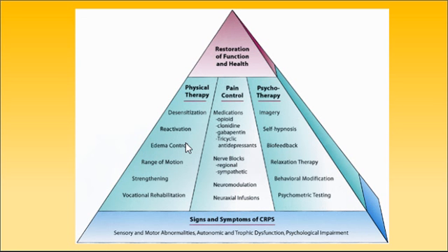Usually they're prescribed stronger, like opioid medications. They, again, will use antidepressants and anticonvulsants, such as gabapentin. Amitriptyline is a common antidepressant used for pain management and neuropathic pain.